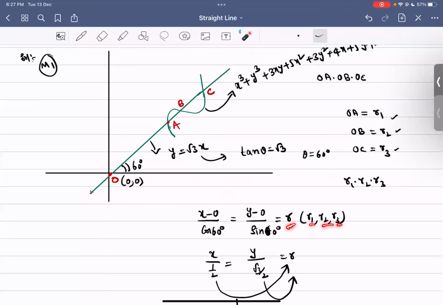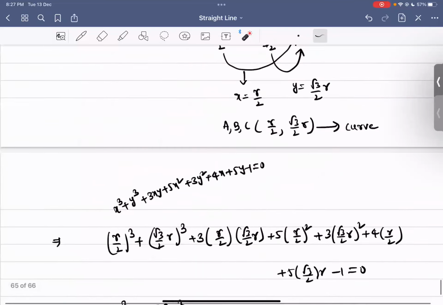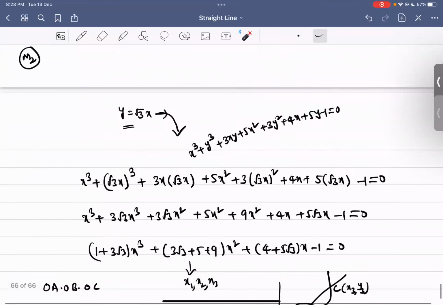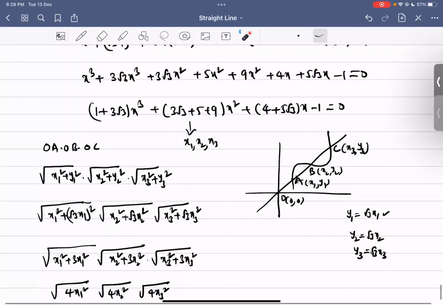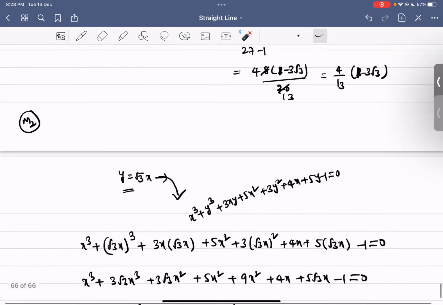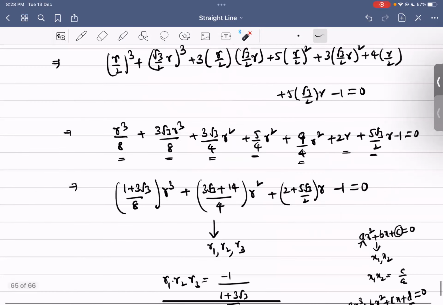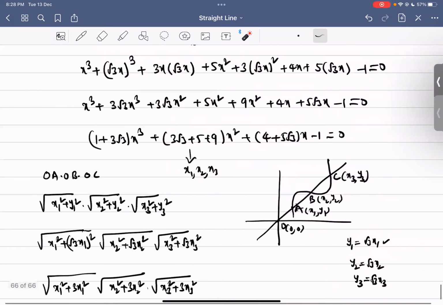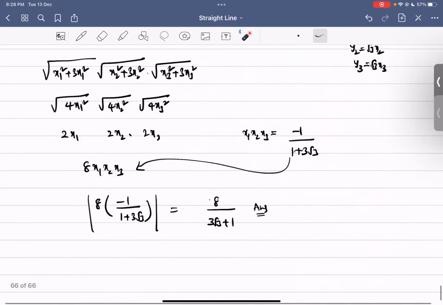So r1, r2, r3, 3 distances are there. But if you come to the Cartesian, how many variables are there? x1, y1, x2, y2, x3, y3. Here 6 variables, whereas here r1, r2, r3 are only 3 variables. That's why if you solve the problem with the parametric equation, it is easier in most of the cases. Always parametric is advisable.